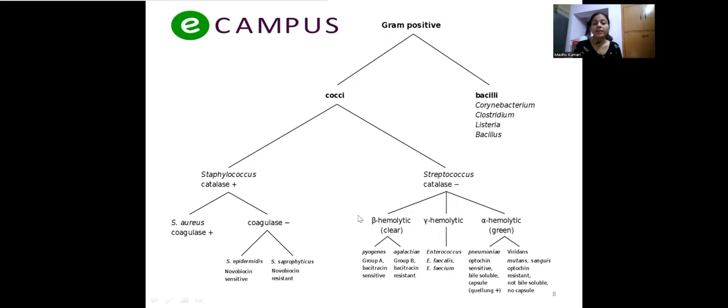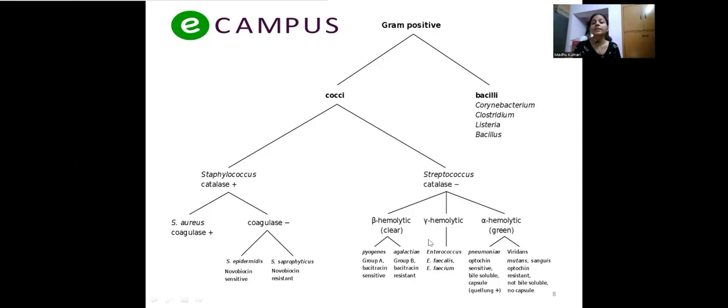Staphylococcus aureus is coagulase positive, and the others are coagulase negative. So Staphylococcus epidermidis is novobiocin sensitive, and Staphylococcus saprophyticus is novobiocin resistant. Clear? And catalase negative ones are beta hemolytic, gamma hemolytic, and alpha hemolytic.